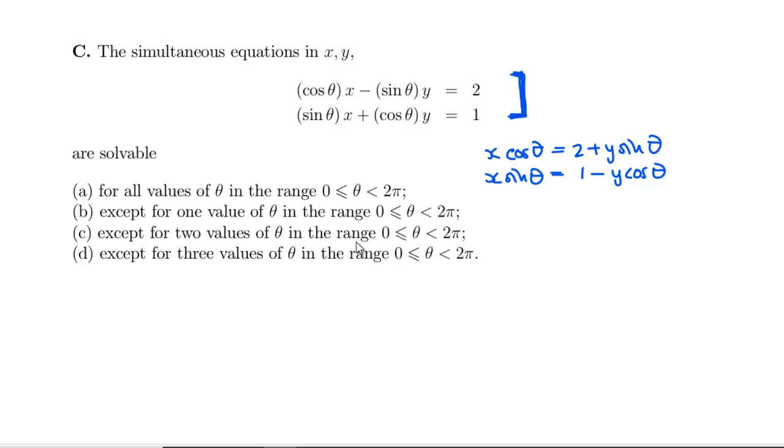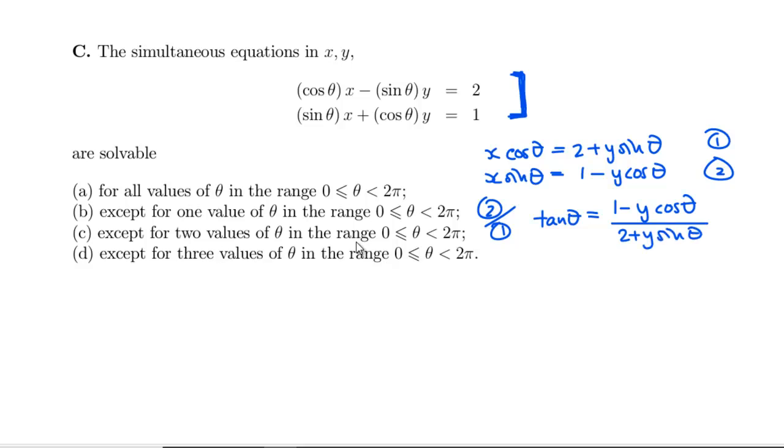So we can divide 2 by 1, which means we get tan theta is equal to 1 minus y cos theta divided by 2 plus y sine theta. There's probably an easier way of isolating these, but still, now just rearrange this for y.